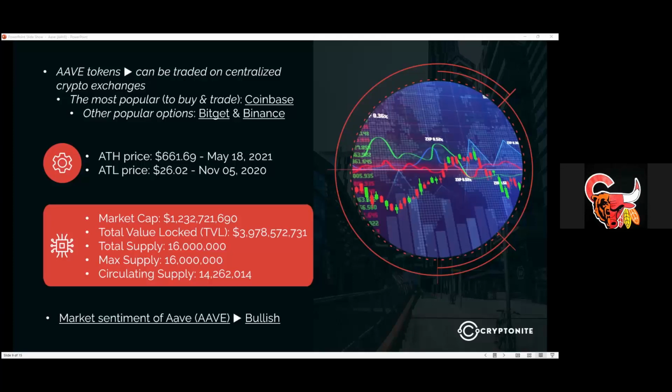They have really lots of coins that have been locked. They only have 16 million supply. That's why the coin is so expensive. They only have a 16 million supply with max supply 16 million as well, and a circulating supply of 14 million. So overall, it's a coin where most people are bullish.